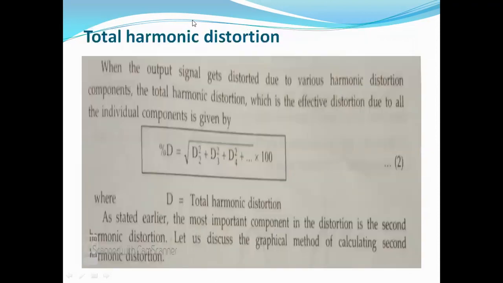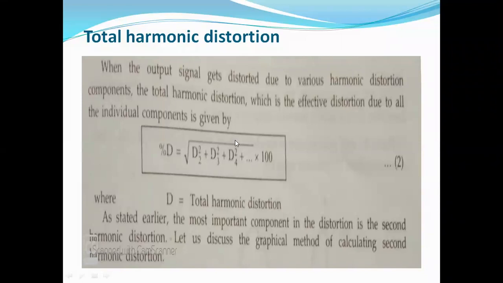And the total harmonic distortion becomes, because of second harmonic, third harmonic, fourth harmonic, and nth harmonic, that is the total distortion due to all the harmonic frequency components, percentage D is equal to square root of D2 square plus D3 square plus D4 square and so on, into 100, where D is the total harmonic distortion.